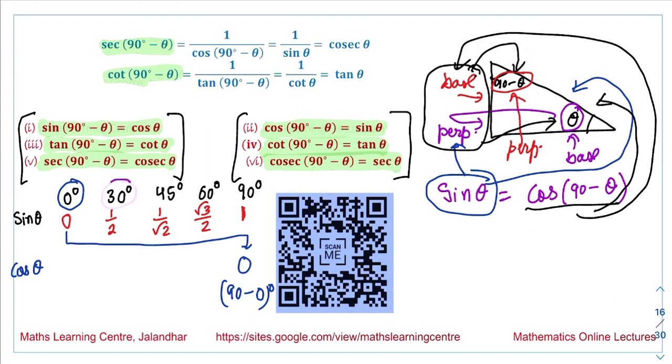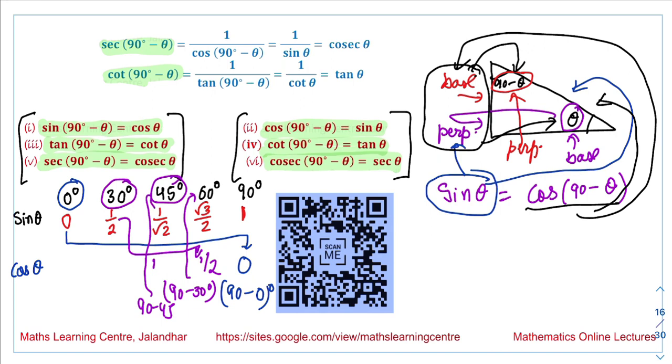Next this angle is 30 degree. So 90 minus 30 degree is 60 degree, and the answer we were writing over here is 1 by 2. Next the angle is 45 degree. So 90 minus 45 is 45, and the answer is 1 by square root 2.